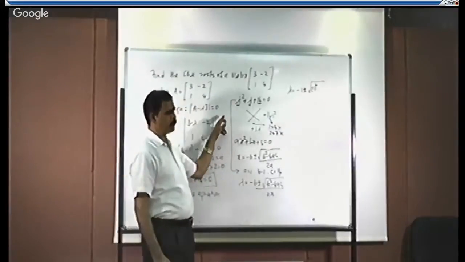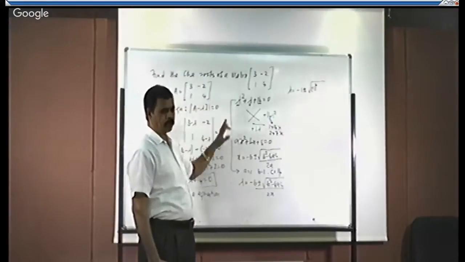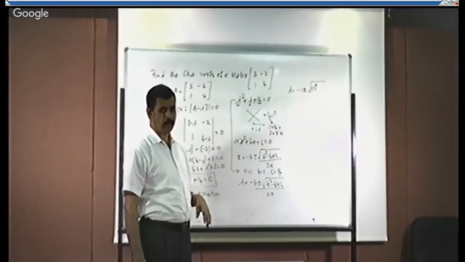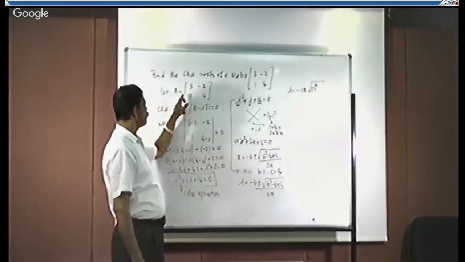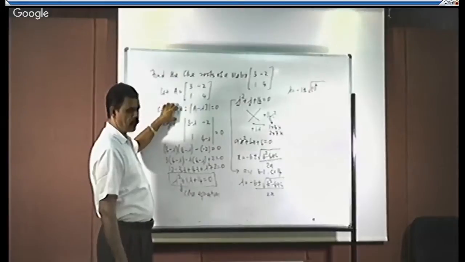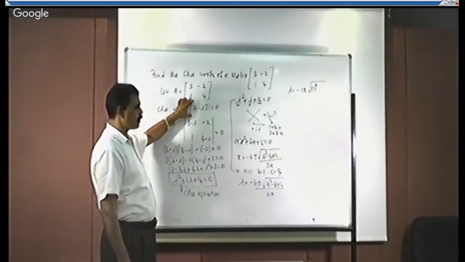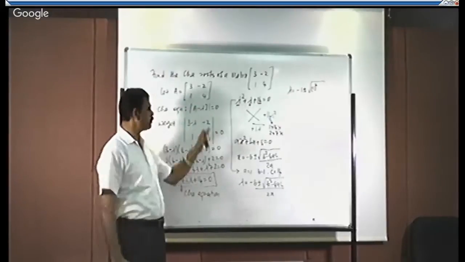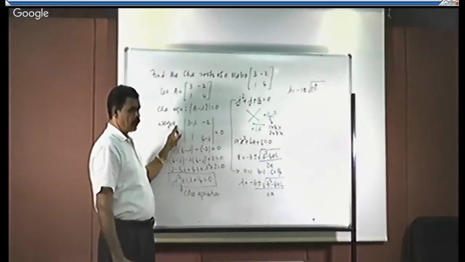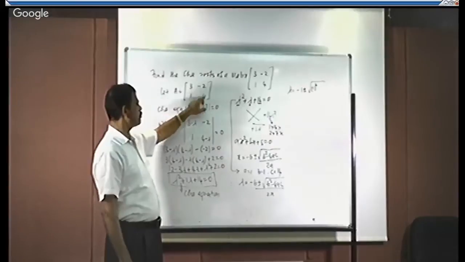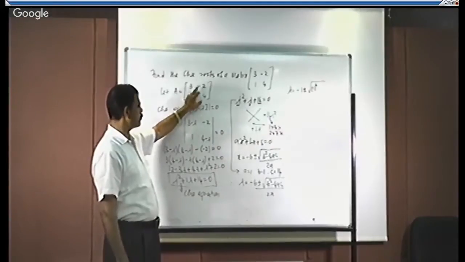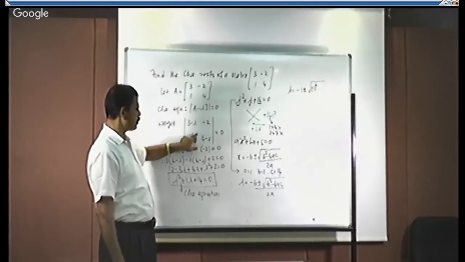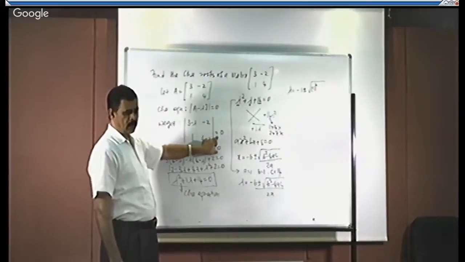So in this problem, we need to find the characteristic roots of a given square matrix, right? So first write the formula of the characteristic equation, that is determinant of A minus lambda I is equal to 0. Then just put minus lambda on the principal diagonal elements of the given matrix, and the other elements are taken as they are.